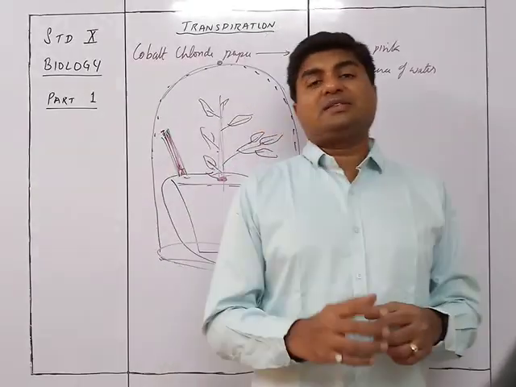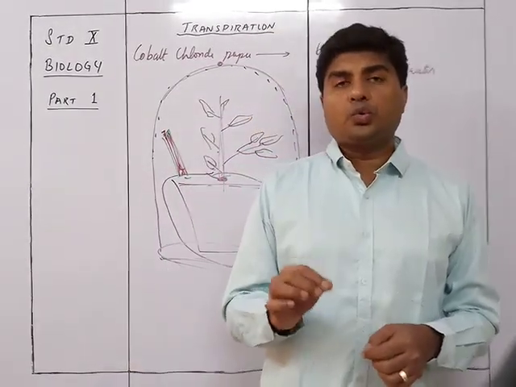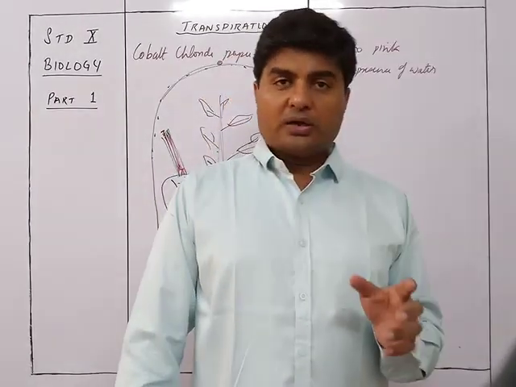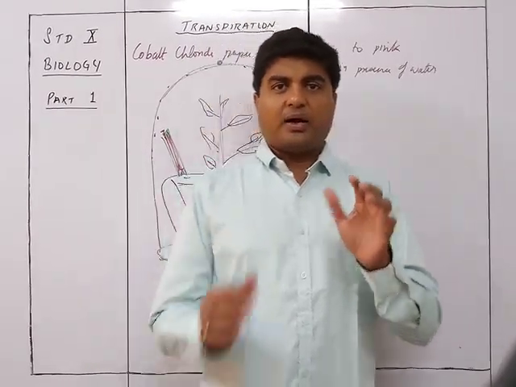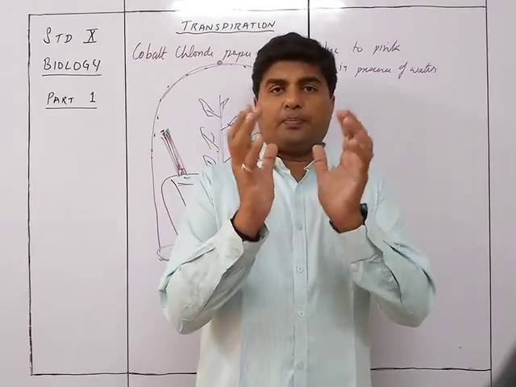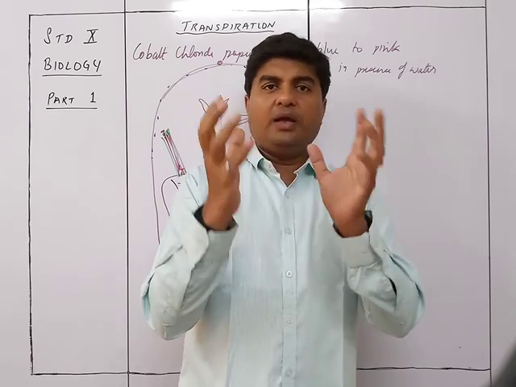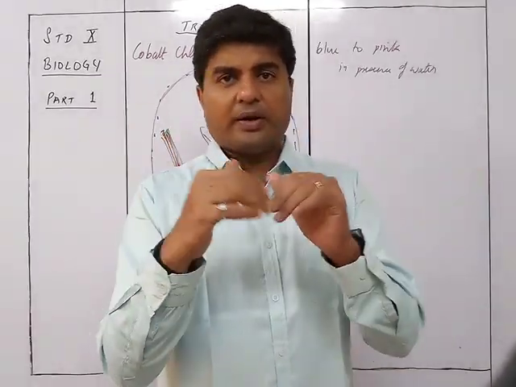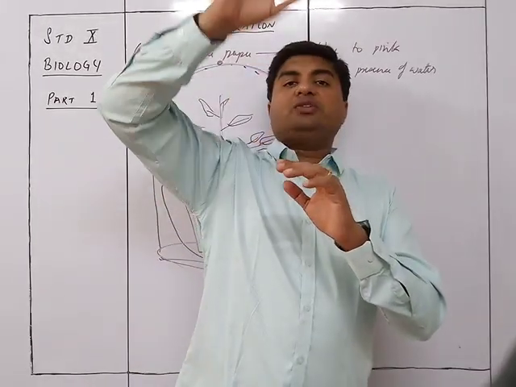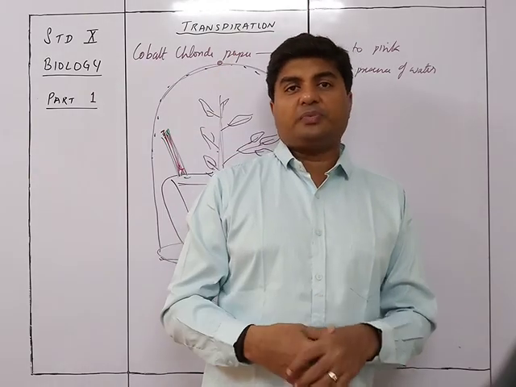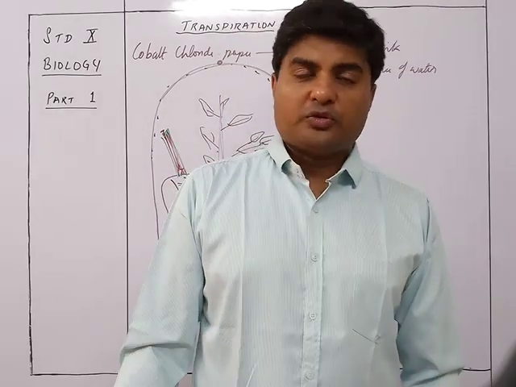Whatever the loss in weight is, it should be proved that it is only due to the loss of water by transpiration. So we take a pot and see to it that the lower part of the pot is well covered and tightly packed, so that the vapors of the water present in the soil cannot move outside. Water remains inside, so transpiration is the only loss of water that can take place. And if that transpiration loss is measured accurately, we come to know the amount of water lost due to transpiration by a plant.